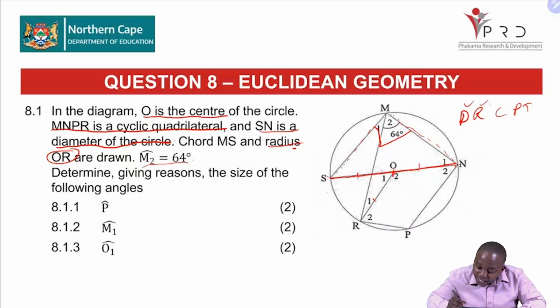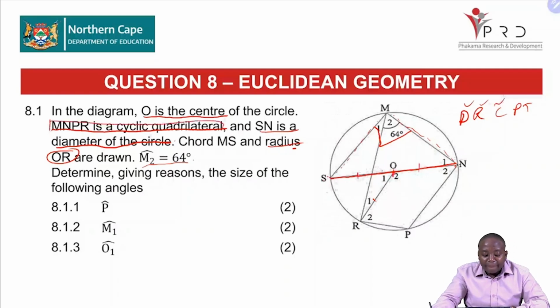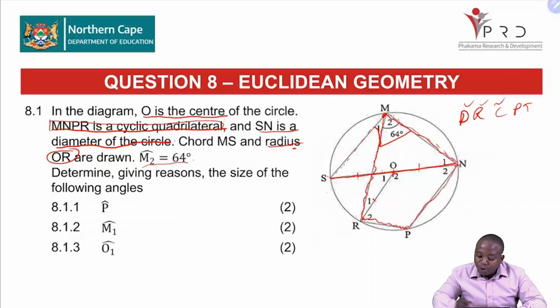Let's proceed. Do we have any cyclic quads? Remember, the statement has already pointed it out for us that MNPR is a cyclic quad. If MNPR is our cyclic quad, we are going to apply all the properties of a cyclic quadrilateral. We are going to apply properties like opposite angles of a cyclic quad are supplementary.